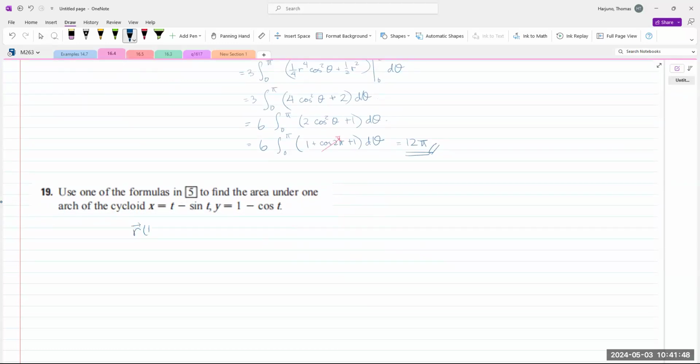r(t) equals t minus sine t, 1 minus cosine t. I honestly don't remember what it looks like though. So when t equals 0, I think it looks like this.